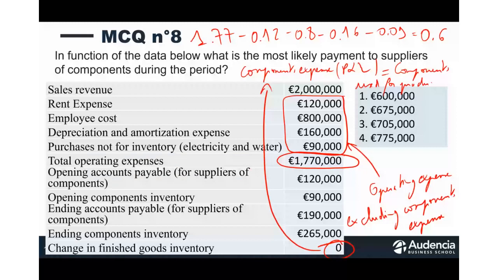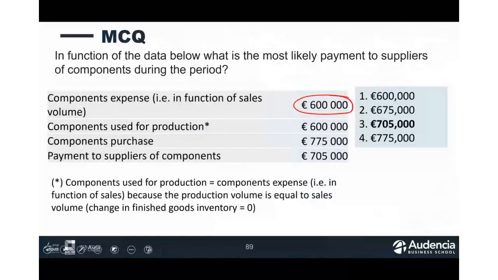So here we have the same value. Okay. And now we want the components purchase. The components purchase is the inflow. Here we have the outflow from components inventory. Now we want the inflow.